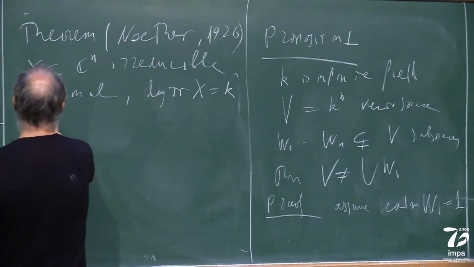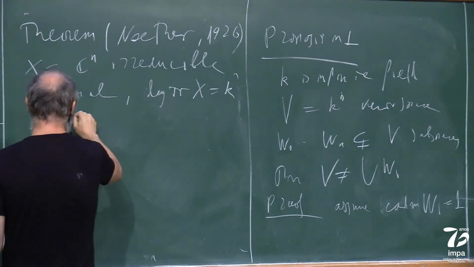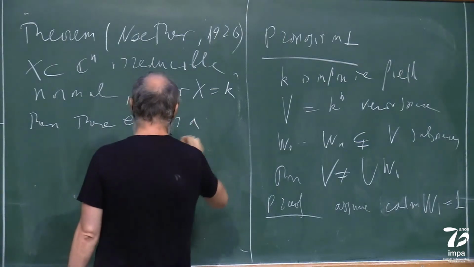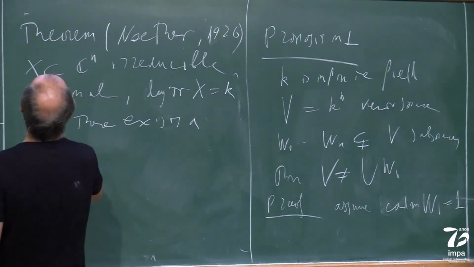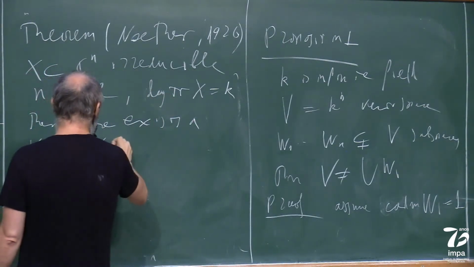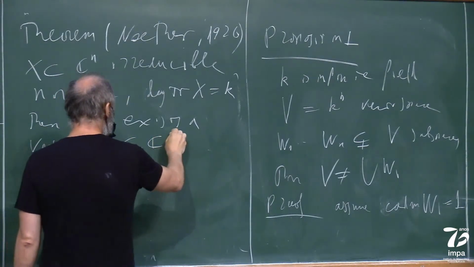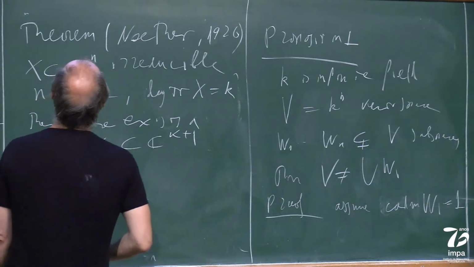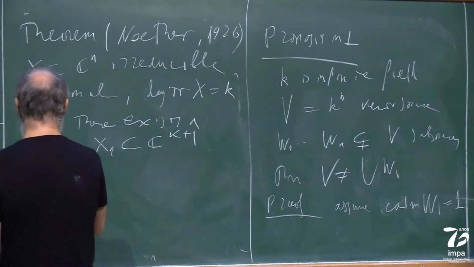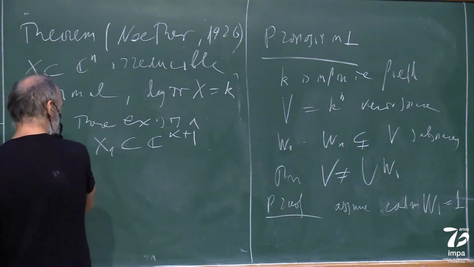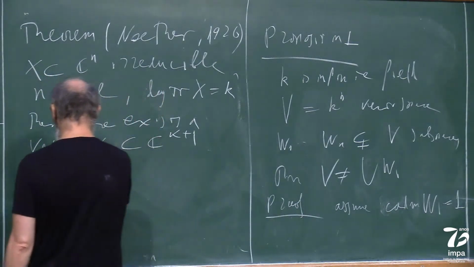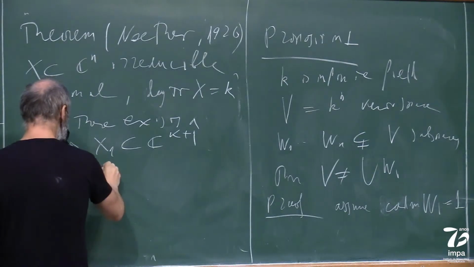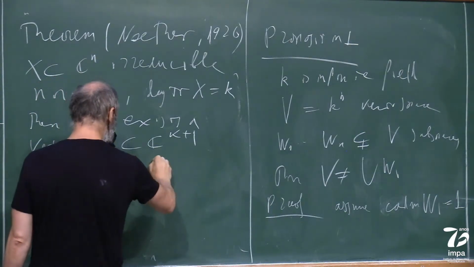Okay, then there exists a variety X1 inside C^(k+1), given by a single polynomial. So C^(k+1) with coordinates z1, ..., zk and t.